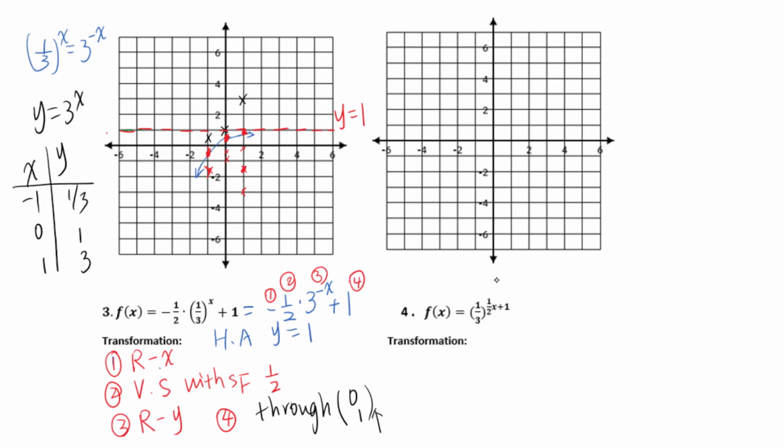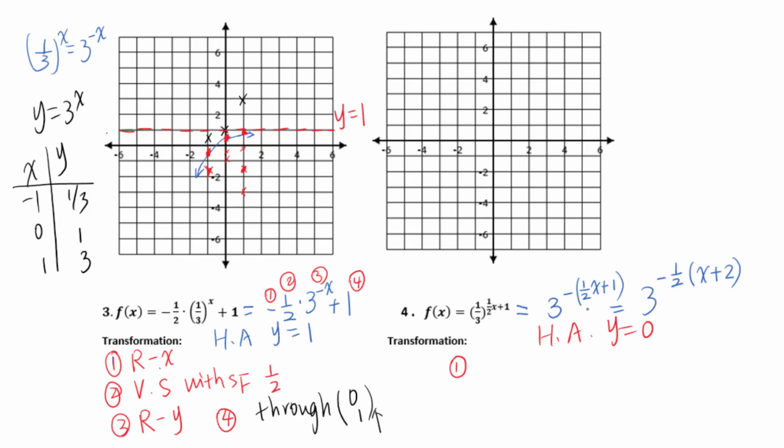For number 4, f of x equals (1/3) to the (1/2 x plus 1) power. We will change into the exponential function with the base 3. So 3 to the negative (1/2 x plus 1). That equals 3 to the negative 1/2 times (x plus 2), taking 1/2 outside. The horizontal asymptote line is y equals 0.